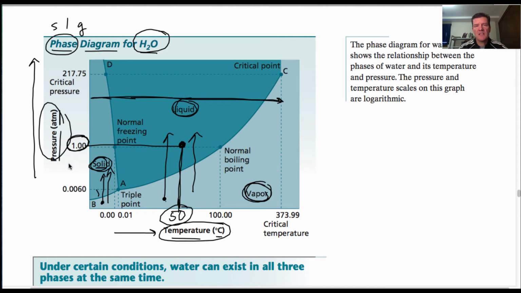That's how you can determine what state you're in given the temperature and the pressure for any substance. Every substance has its own unique phase diagram. Now, there are a couple of regions here that I want you to understand. If you have a temperature like 100 degrees Celsius and a pressure of 1 atmosphere, and those values intersect and put a point right on one of the borders, that means you are in equilibrium.